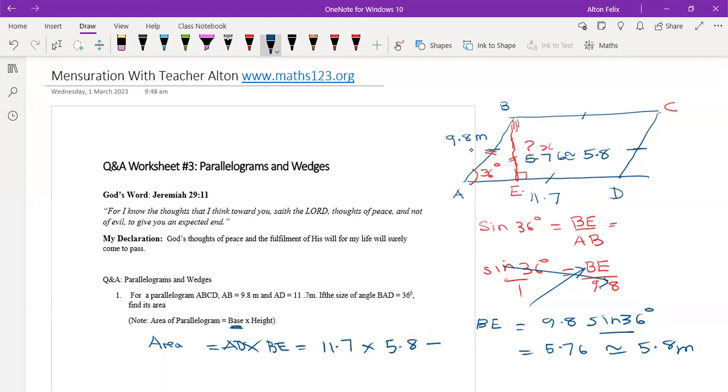And that'll give us the area for this parallelogram right there. So that area would be 67.86 meters squared.